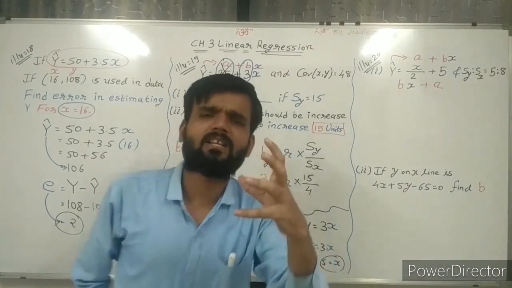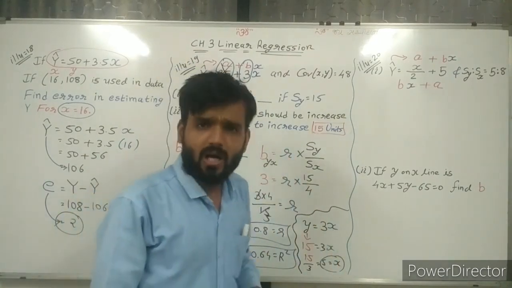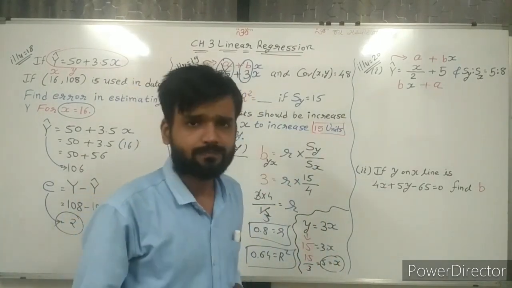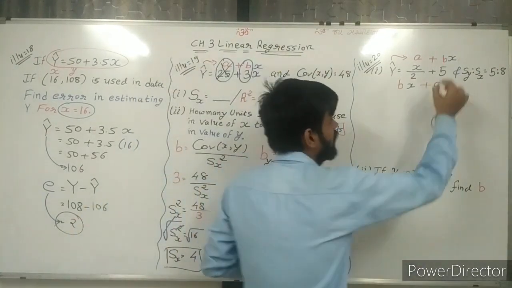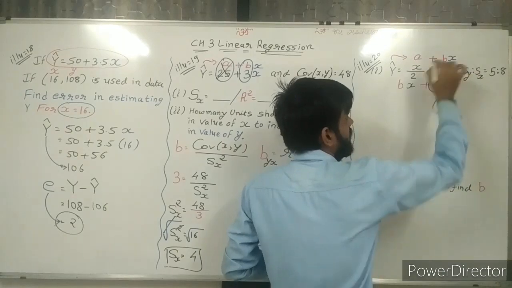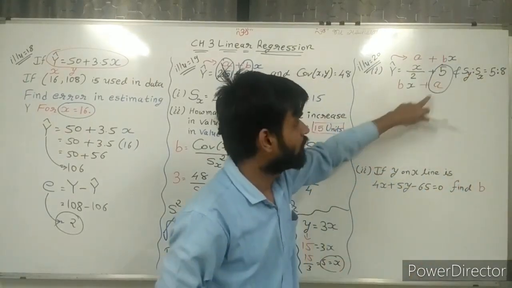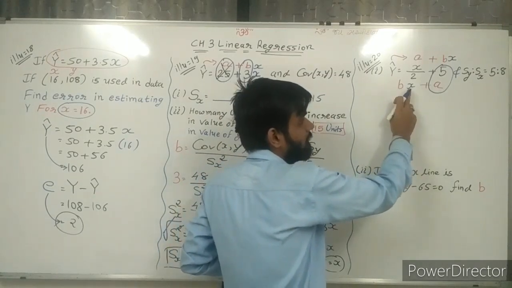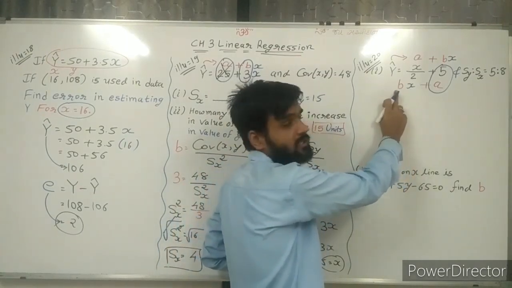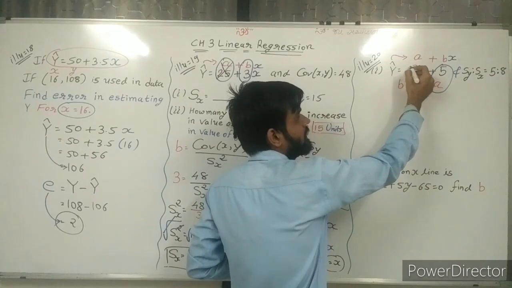Now again I can compare. Try to understand. On this basis, I can find the value of a. Sir, we know a is equal to 5. Now compare this with x. The coefficient is b. Sir, here with x what is given? Nothing is given.